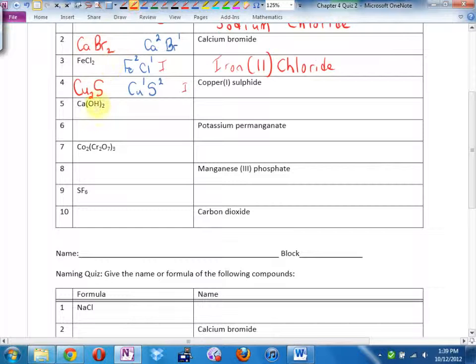Kenzie, the fact that I have this thing here in brackets, this is going to be a polyatomic ion. This is one of the ones from the back of the pink sheet. I'm going to have to go hunting for it. Calcium, Ca, it's ionic. Does calcium have more than one valence, more than one charge?